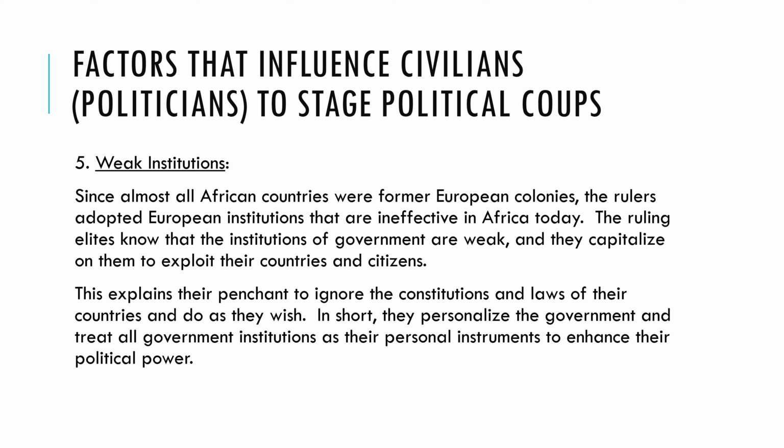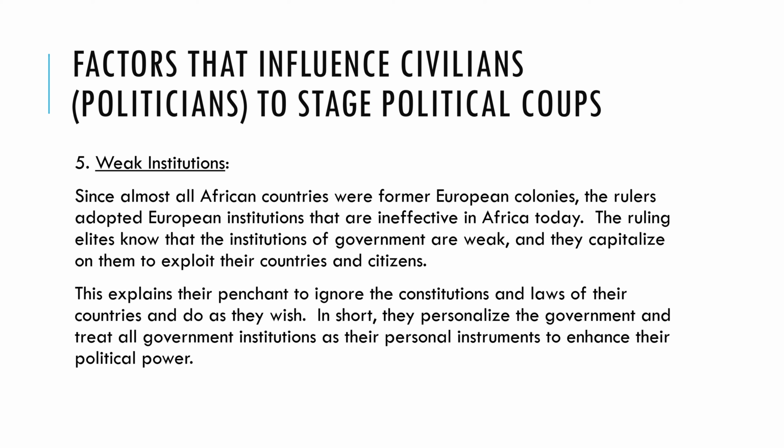5. Weak institutions as a causative factor for political coup. Since almost all African countries were former European colonies, the rulers adopted European institutions that are not effective in Africa. The ruling elites know that the institutions of government are weak and they capitalize on it to exploit the countries and the citizens.